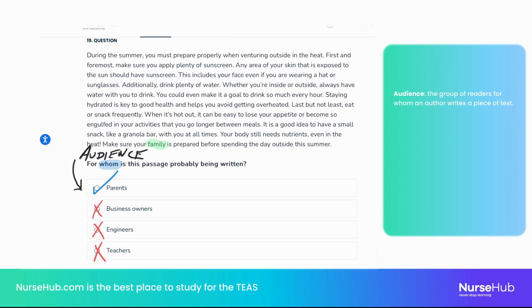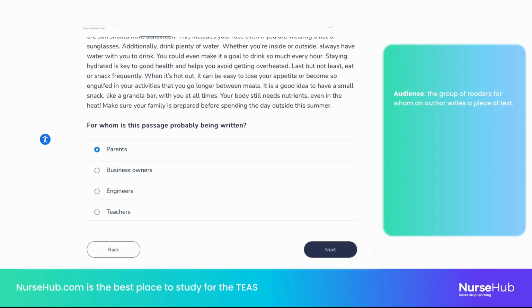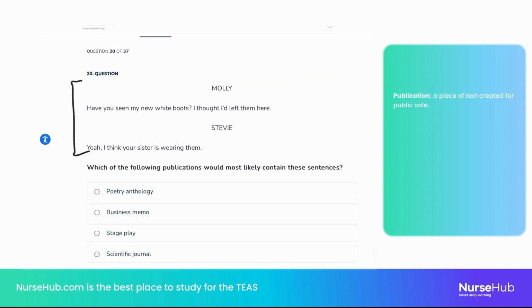All right, so there is question number 19. Our audience, because of that word family, and because it doesn't fit any other ones, is going to be parents. And we are on to the next one, number 20. We are now 2 decades in, right?